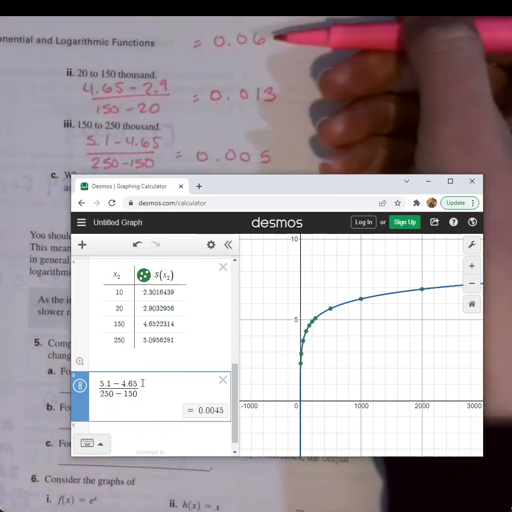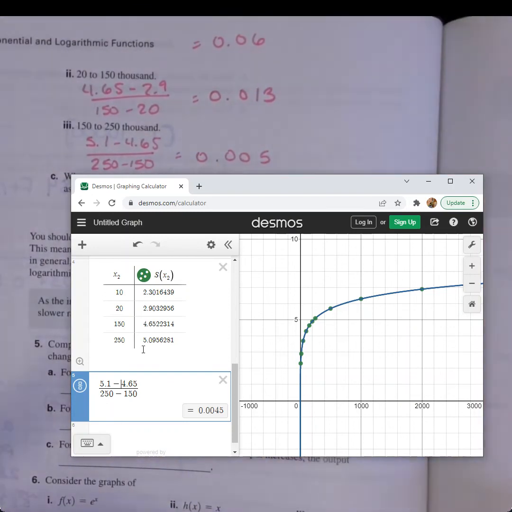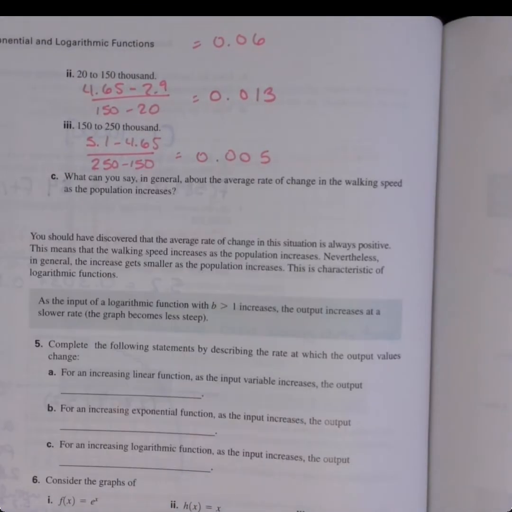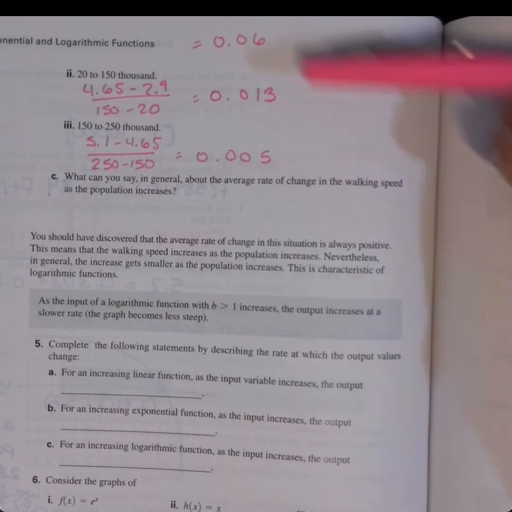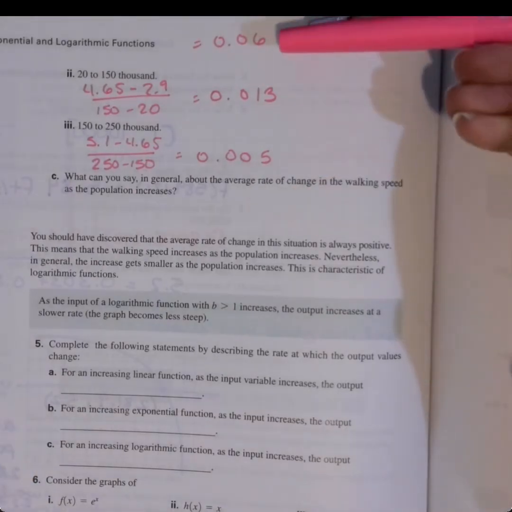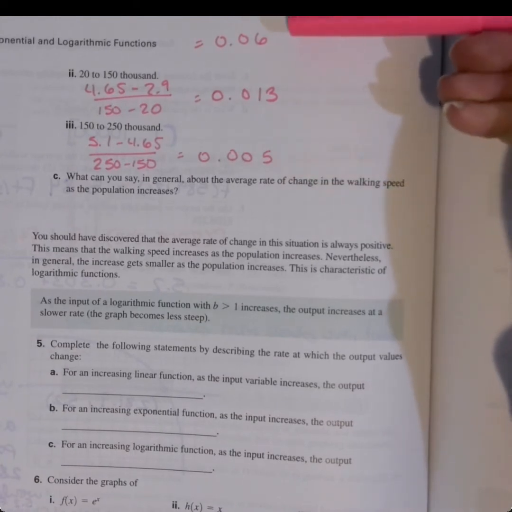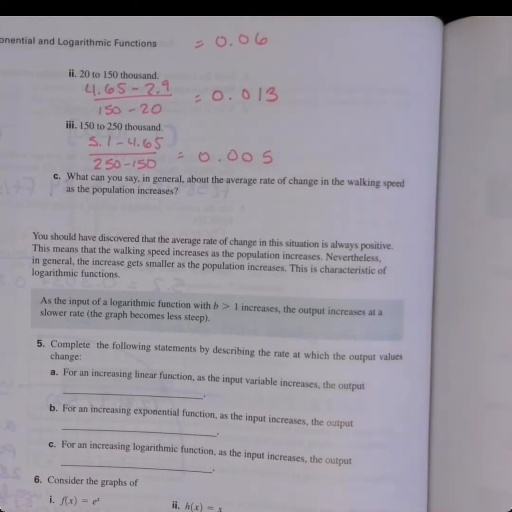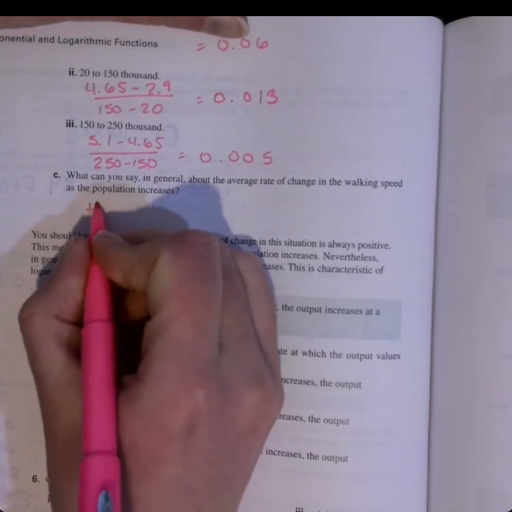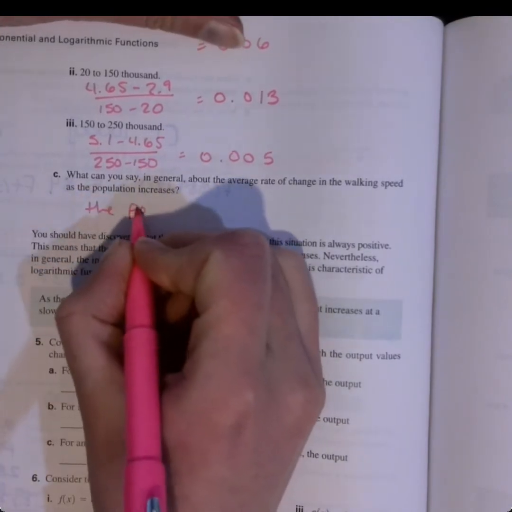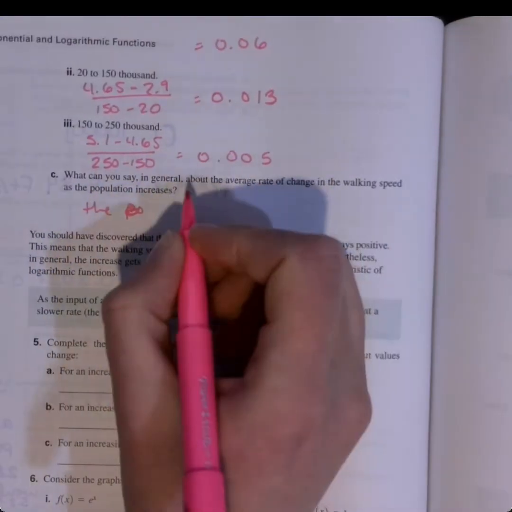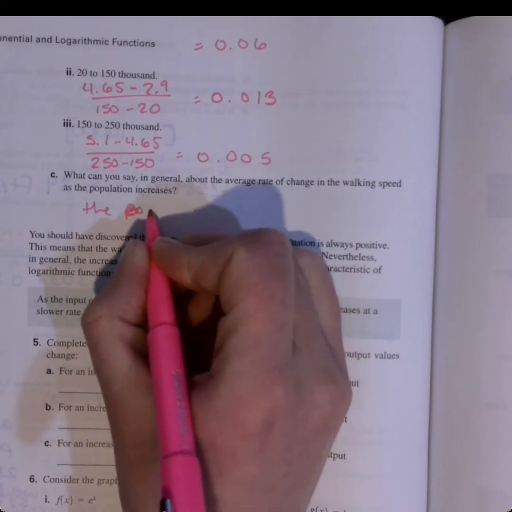So what we're supposed to be observing between these values is that if this was linear, the rates of change would be the same. If this was exponential, the rates of change would be increasing. Since it is logarithmic, the rates of change are decreasing. Let's just say that.